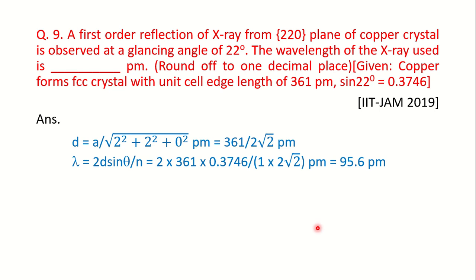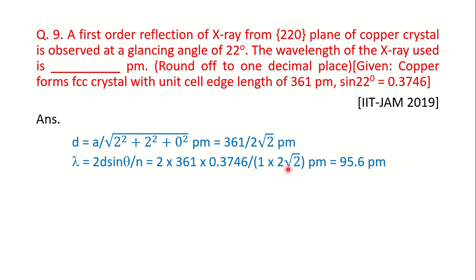Now with the help of Bragg equation you can find the value of lambda. So lambda is 2d sine theta by n. So 2 as usual, d is 361 by 2 root 2, and then the sine theta value is given here, 0.3746, divided by n.